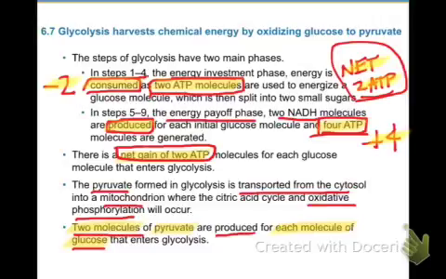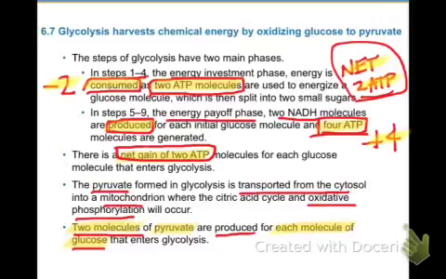The second set, steps 5 through 9, is what they call the energy payoff stage, or payoff phase, because you generate these 2 NADH molecules, you generate the 4 ATP molecules. Okay, here again, you consumed 2, produced 4, so minus 2 plus 4 gives you a net of 2.